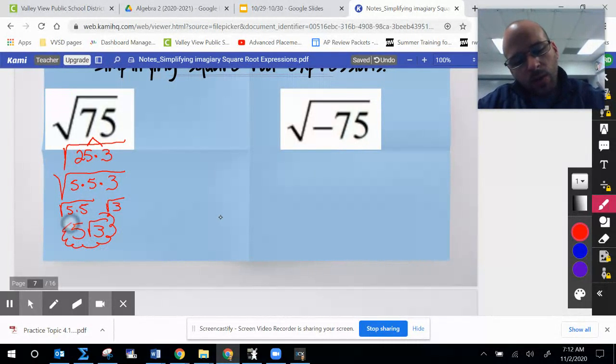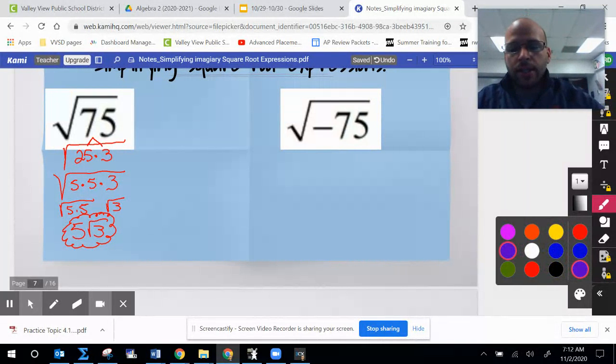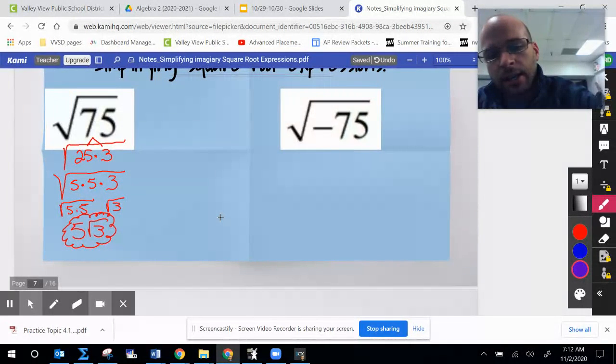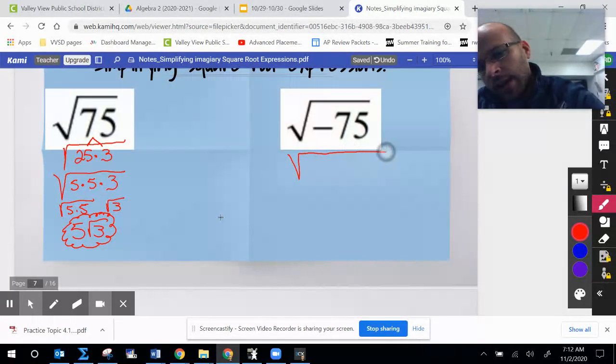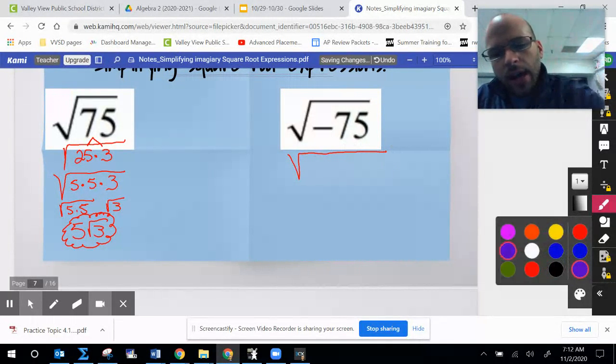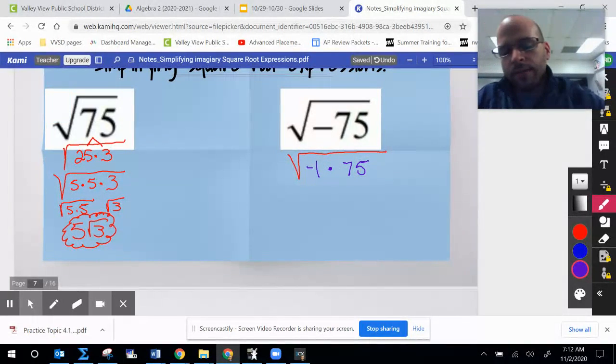Now, for the second one, because it's negative, we have this extra little piece. I'm going to try and color code this the best I can. If I have the square root of a negative 75, I'm going to first break this apart into negative 1 times 75.